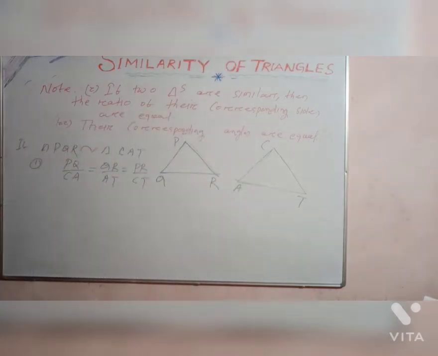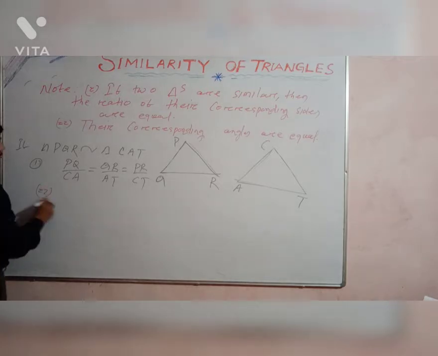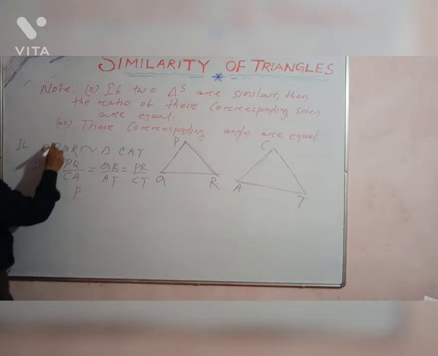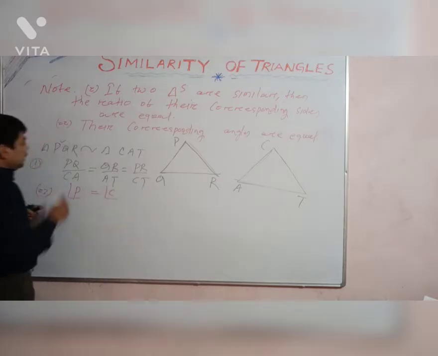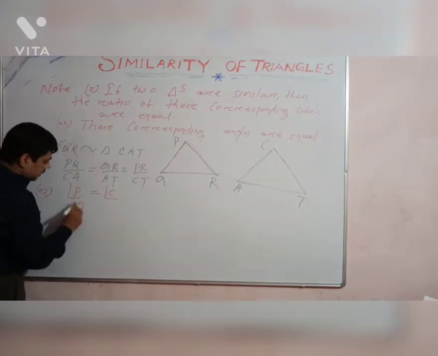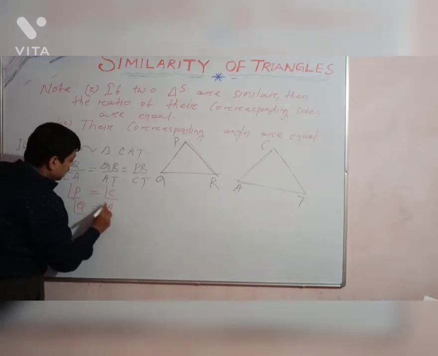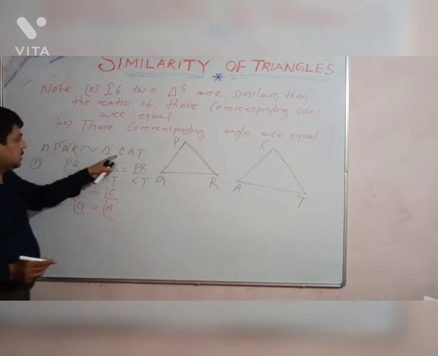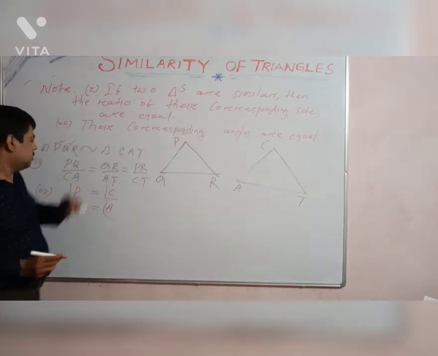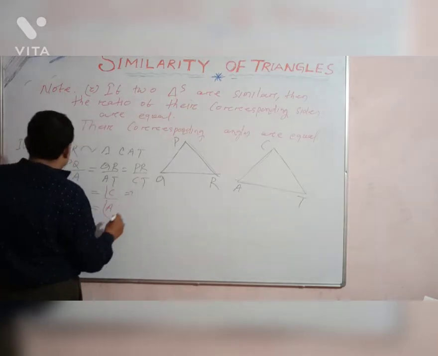This is one point. Another point is that their corresponding angles are equal. It means angle P is equal to angle C, and angle Q is equal to angle A. Angle P means angle QPR, and angle C means angle ACT.